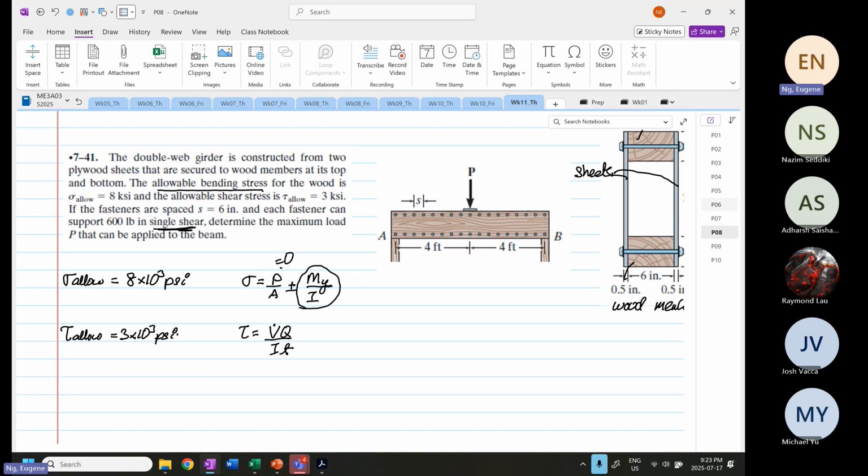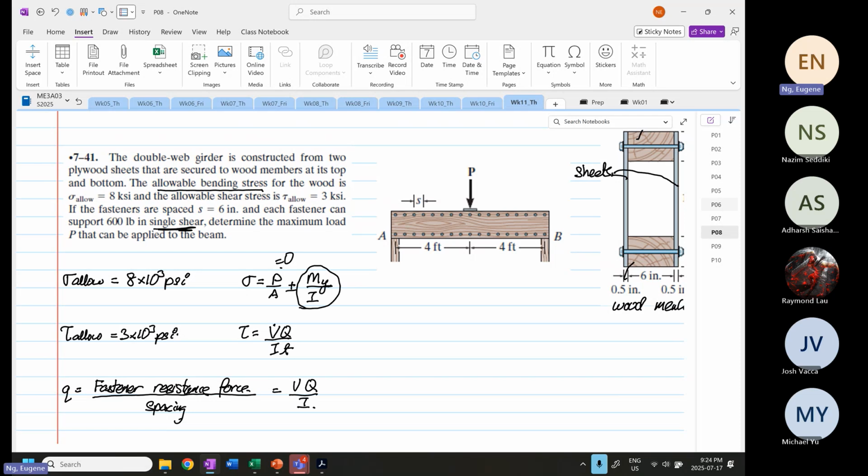And then the third one, which is represented by q, is equal to the fastener resistance force divided by spacing. And this is also equal to our VQ over I.